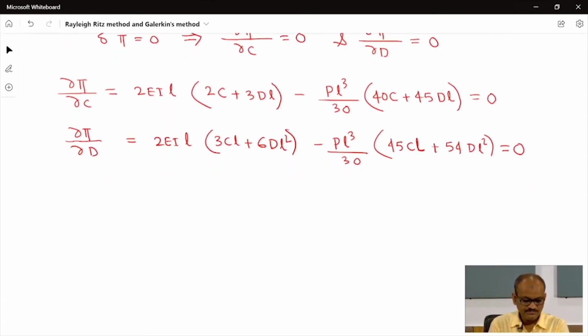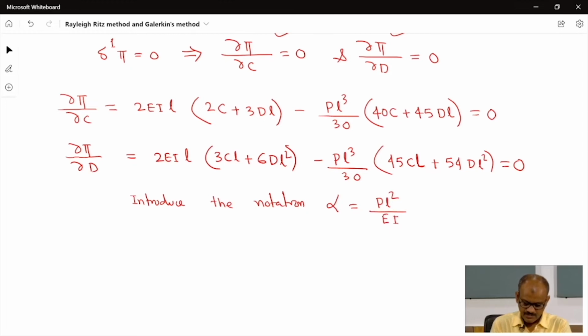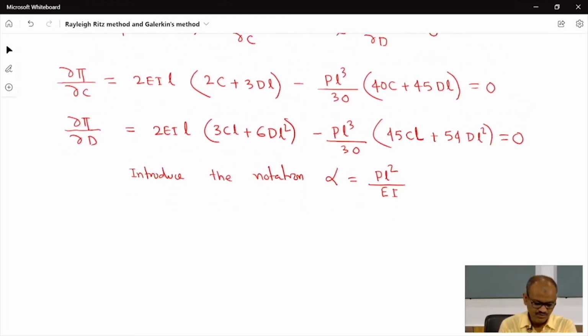Then we will have to solve these two equations. Let us introduce the notation that alpha is equal to P L square divided by EI. Then if we introduce this, these two equations will reduce to this format; you can do this small mathematical exercise.